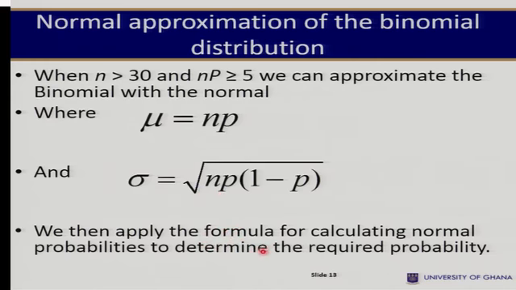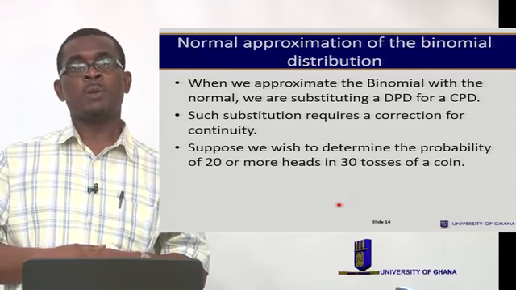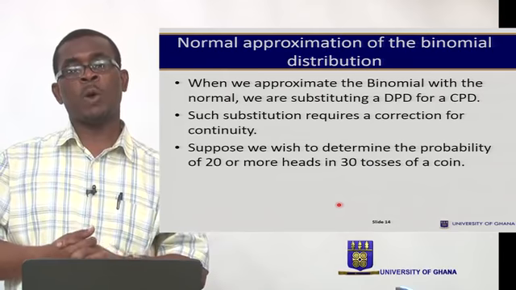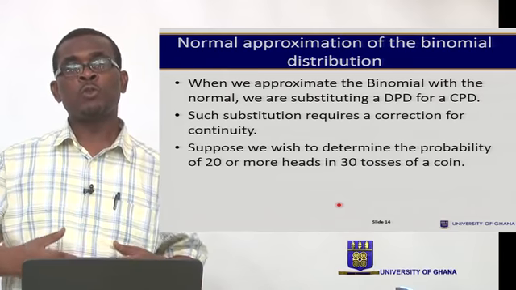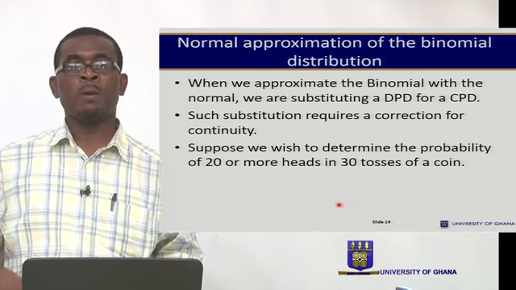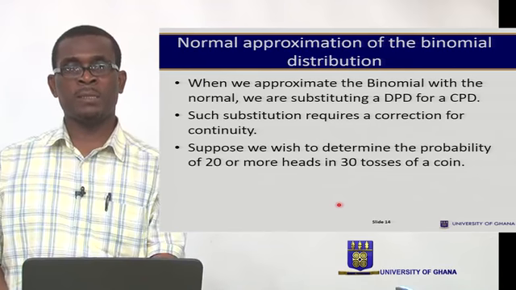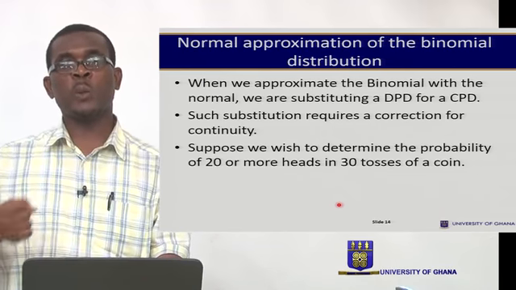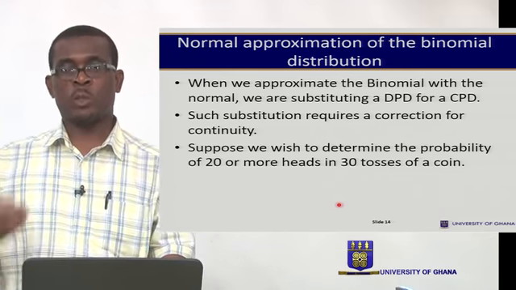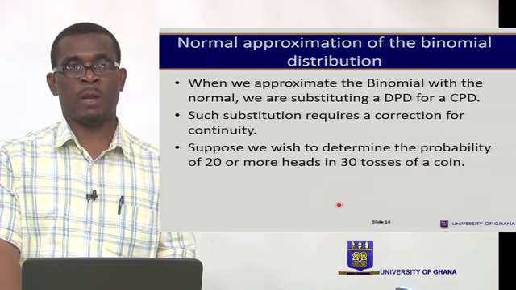Now, recall that when you approximate the binomial with a normal, you would have to do what is called correction for continuity, okay? Because you see, suppose we wish to determine the probability of obtaining 20 heads in 30 tosses of a coin. We know we can actually solve the problem using binomial, right?